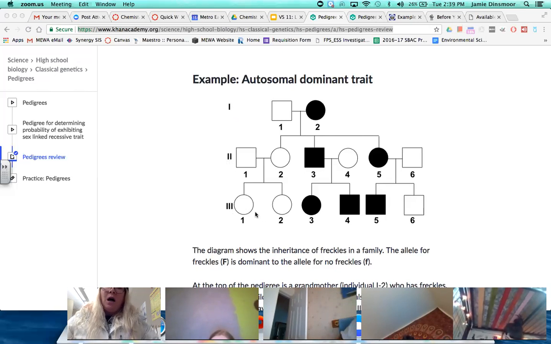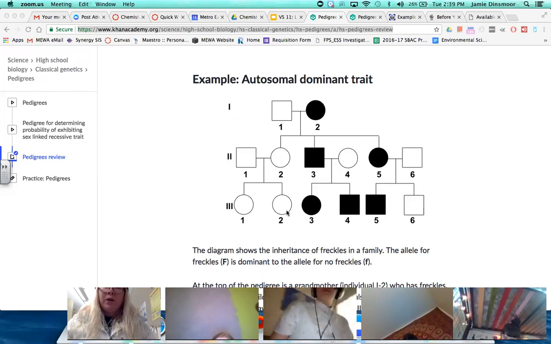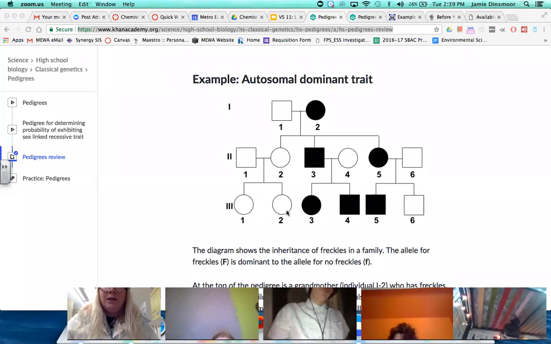That way, I could say, third generation person 2, do you think they would have this? And you would know exactly which person I'm talking about, right? Because you don't want to just say, that one at the bottom, because no one's going to know what you're talking about. So the numbers and generations are there to help you identify who's in the family and where they are in the family.